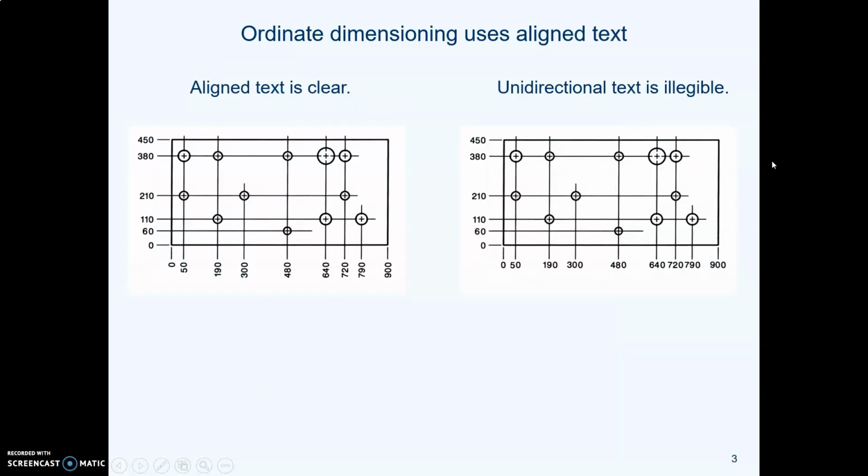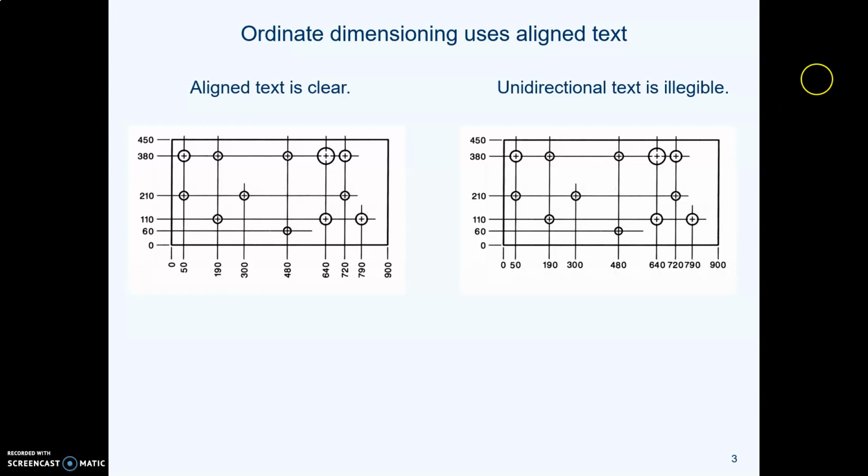Now, this form of dimensioning is an exception to the rule about always having unidirectional horizontal text. You will remember that we have a dimensioning rule which says all text is horizontal no matter what. That's true when we're doing coordinate dimensioning with arrows.